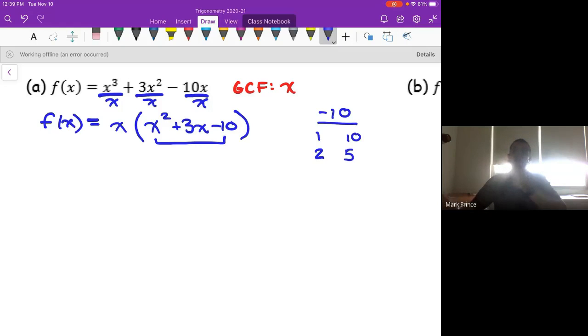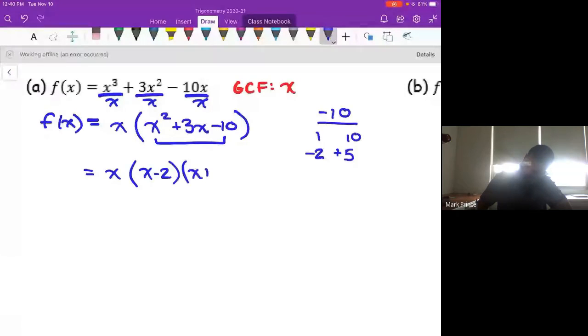And it has to be a plus minus combination because of that negative 10. So the combination is going to end up being a positive 5 and a negative 2, because negative 2 plus 5 ends up being positive 3. So when I factor this out, I'm going to get x minus 2 and x plus 5.